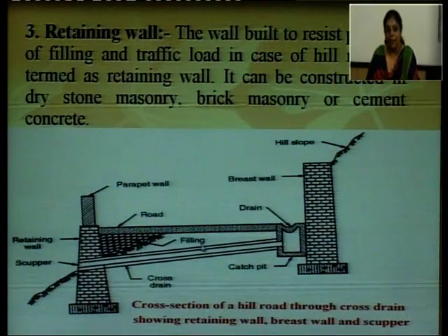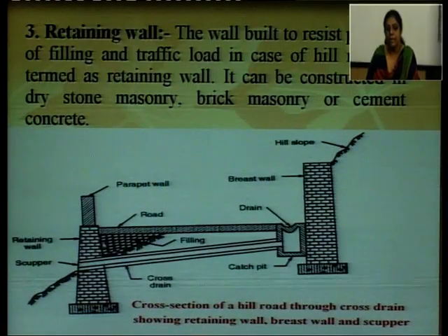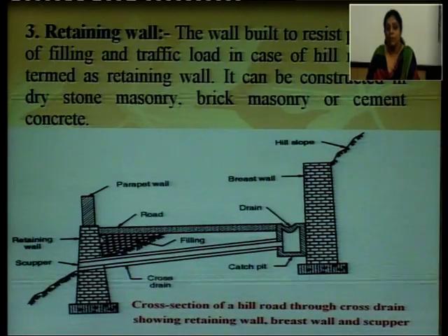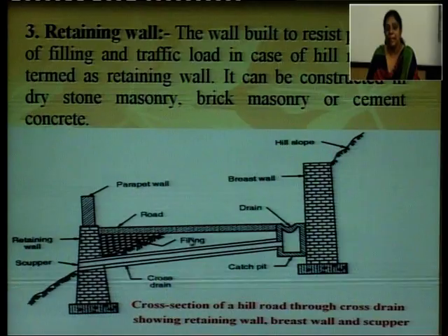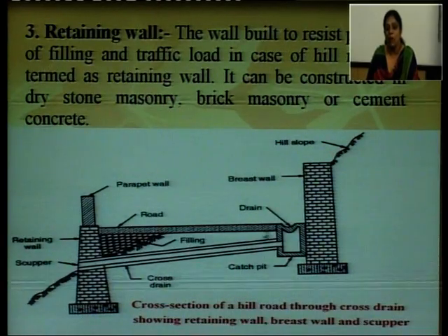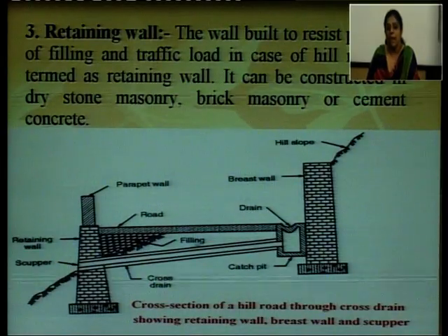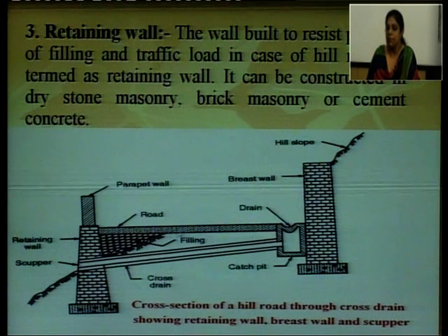This part of the road is that part which is filled up, and this part is that part which has gone through cutting, and after that this road is constructed.